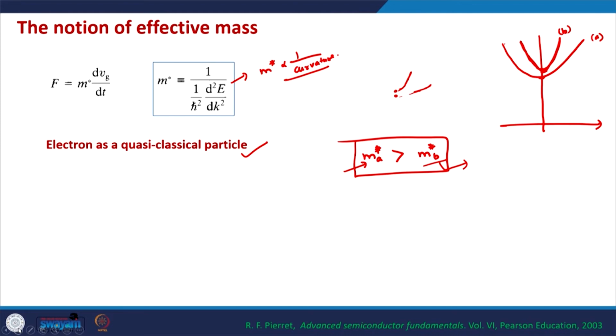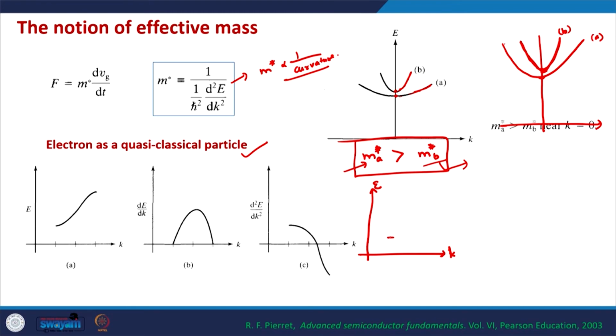So, on the EK plot, the bands will have this kind of shape. So, this is the EK relationship, this is the bottom of the band, this is the top of the band. Okay. So, at the bottom of the band and at the top of the band, the curvature might be the same actually.